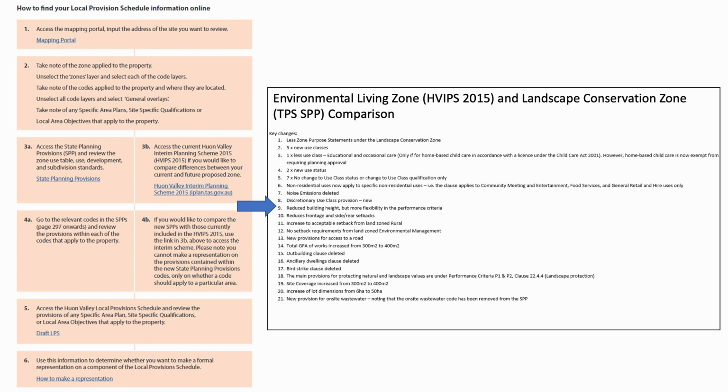The interim zone, which we currently have, and the new zone, which is proposed under the Tasmanian Planning Scheme. From the examples provided, you now understand it is important to consider if the type of development you are interested in would be permitted or discretionary on your land to truly understand the impact that the zone change will have on your property.